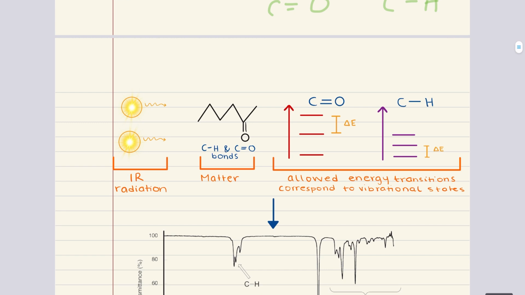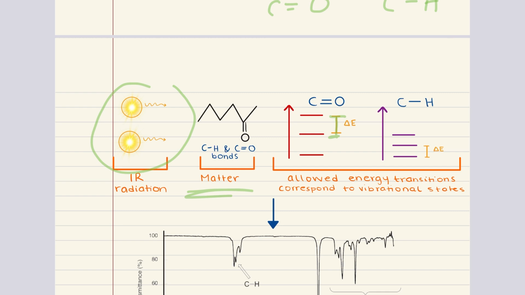When we pass IR radiation through a compound, we're probing all of the bonds in the molecule. If the light contains a frequency that matches a vibrational transition, that frequency is absorbed, and then we detect that absorption.